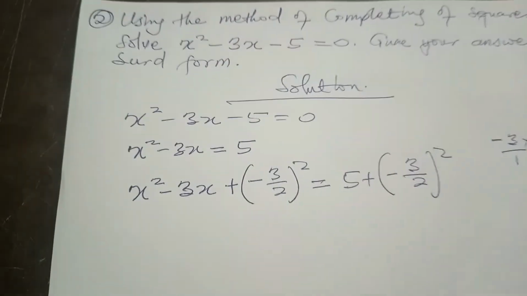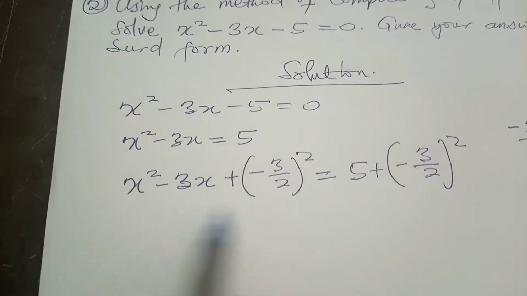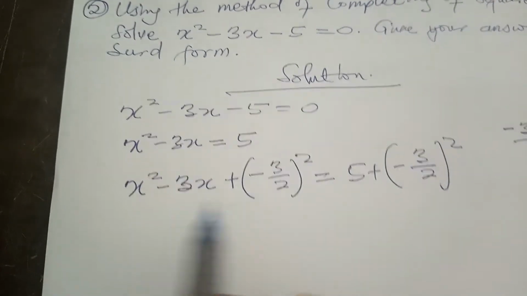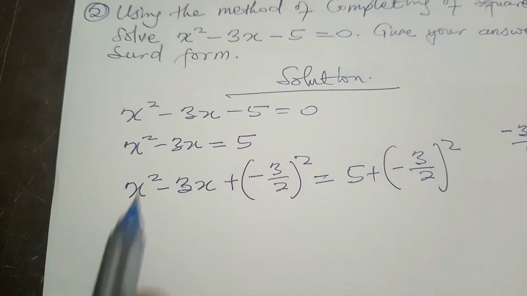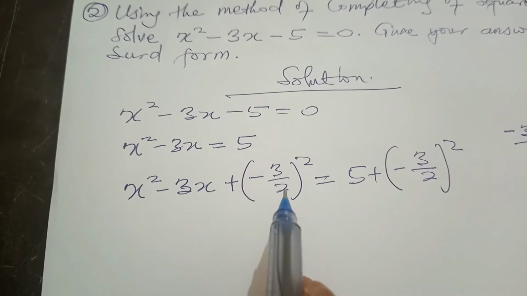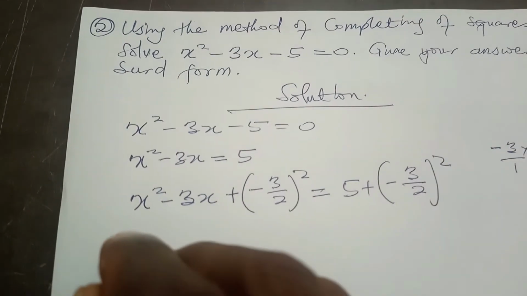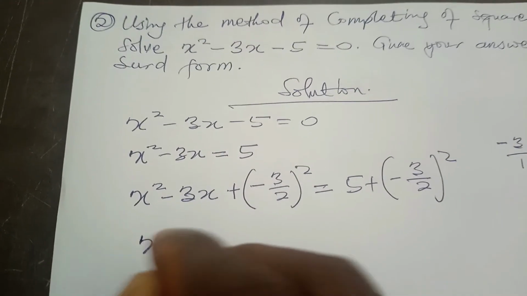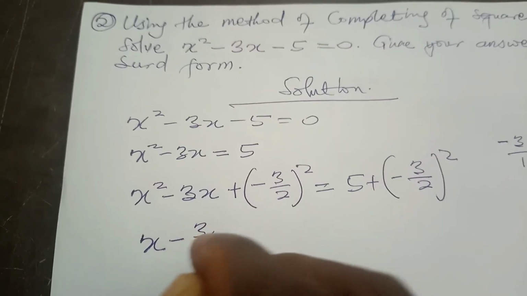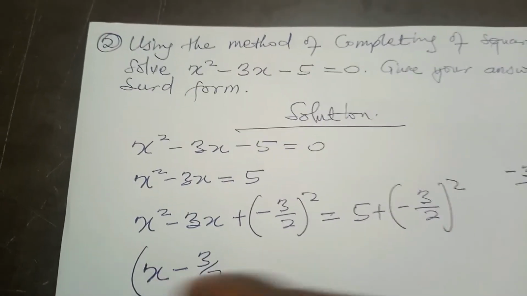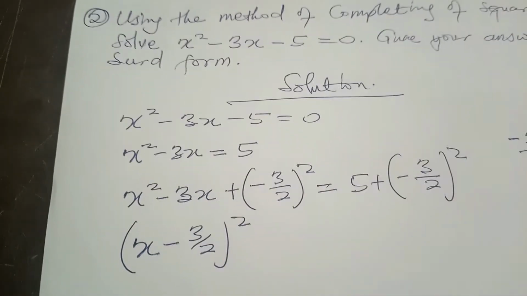Now that this has become a perfect square, we factorize by picking one of these and one of these and squaring both of them together. So that will give us x minus 3 over 2 all squared.